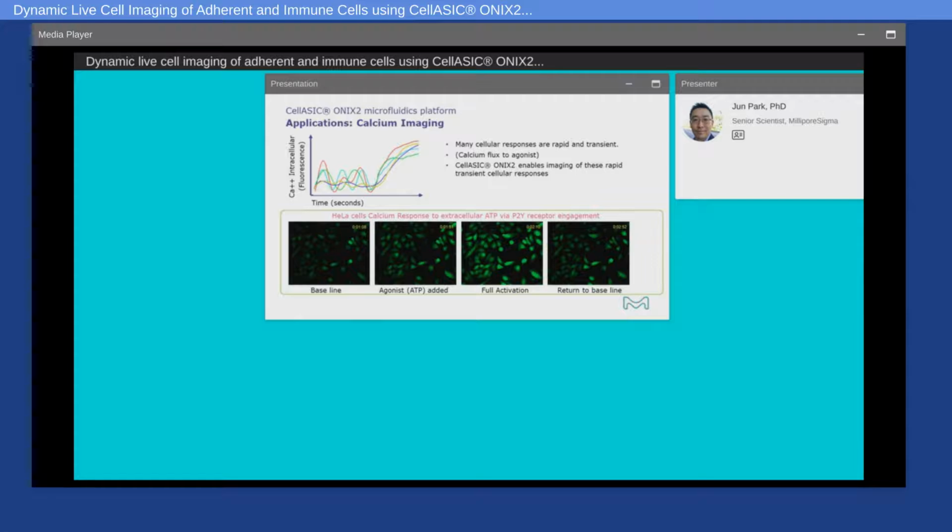Bottom images of the slide show calcium responses of HeLa cells to ATP, and you can see that the response occurs within a minute of ATP introduction. Imaging this type of rapid transient response requires on-demand dynamic imaging capability. Now let's take a closer look at the ATP-induced calcium responses of HeLa cells.